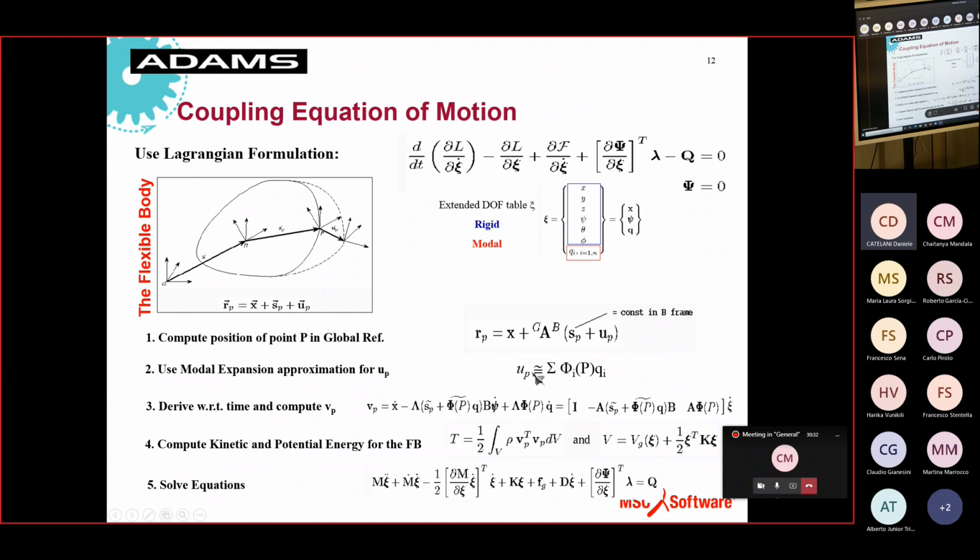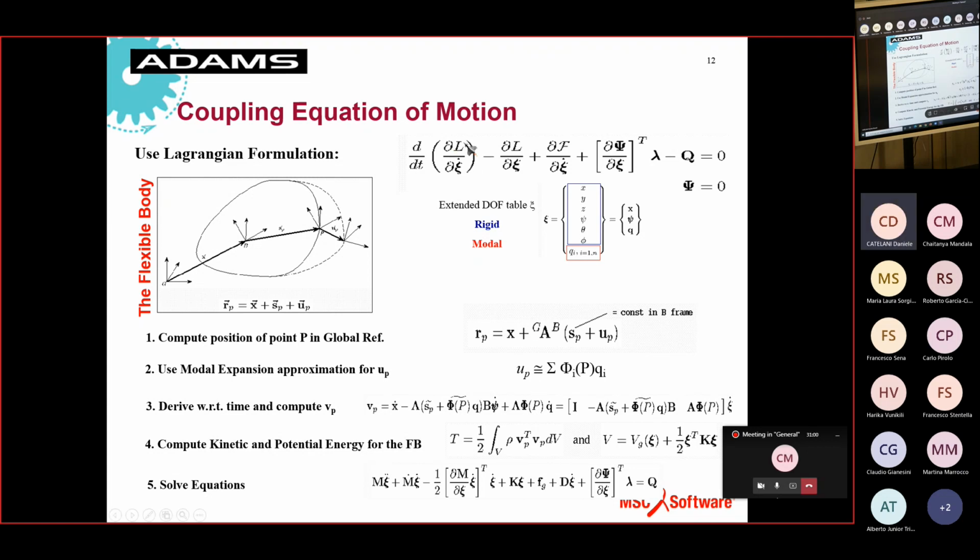So it is up to us to decide how many modes we need to describe this deformation. The more modes we have, the more precise our result will be, but there is a limit, and you can have very accurate results using a good number of modes without the need to use thousands of modes.